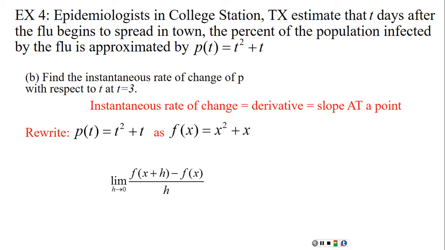So I have the limit as h goes to 0 of f of x plus h minus f of x all over h. All right, so before I can even try to take the limit, which means before I can even try to plug in h equals 0, I have to replace f of x plus h with what it equals, and I have to replace f of x with what it equals.